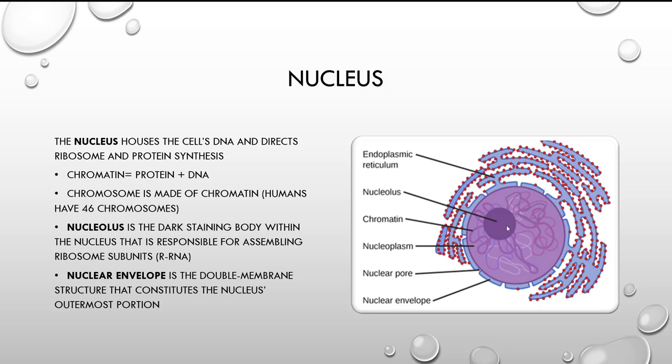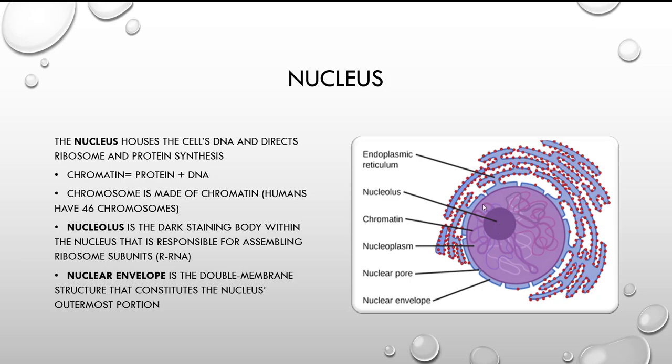So this is the area that has the components to make them. Okay, so it contains something called rRNA. So r stands for ribosomal RNA. So ribosomes are made of ribosomal RNA, basically. Okay, so it contains little subunits. So this is where that is made from.